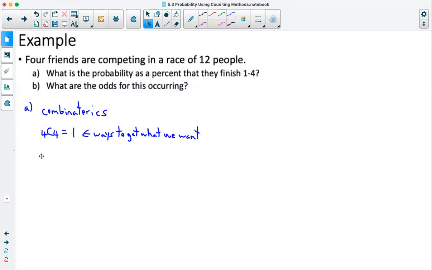Now that's out of our total amount of ways to choose 4 people, which would be 12C4, which gives us 495. So this is our total amount of ways to choose 4 people.